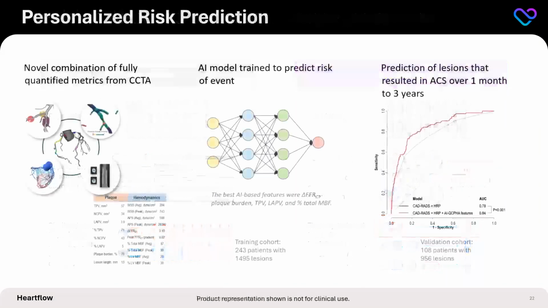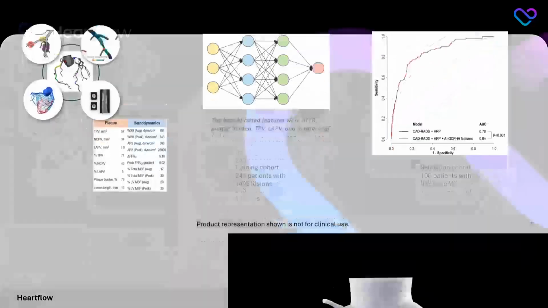We're doing a lot of research on this at Heartflow. I can really only share what's public and published at the moment, but we've shown this method of taking all these insights from a coronary CT, blood flow metrics, myocardial metrics, plaque quantification, stenosis, and training algorithms to learn how they all interact and predicting ultimately what causes ACS. And we've shown this is a better predictor than just using plaque or stenosis.